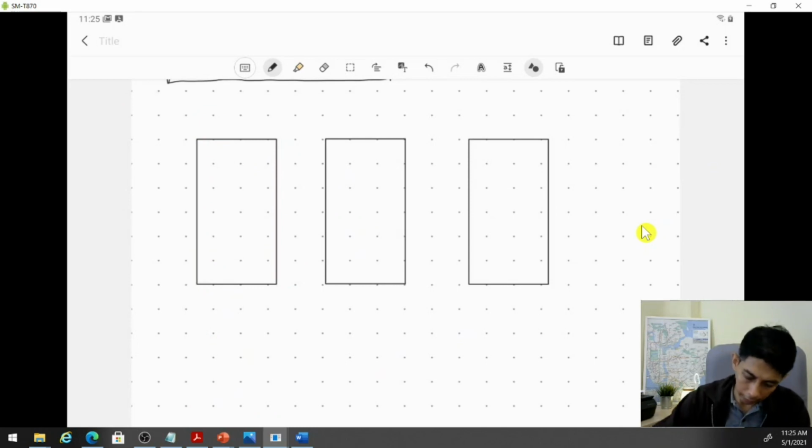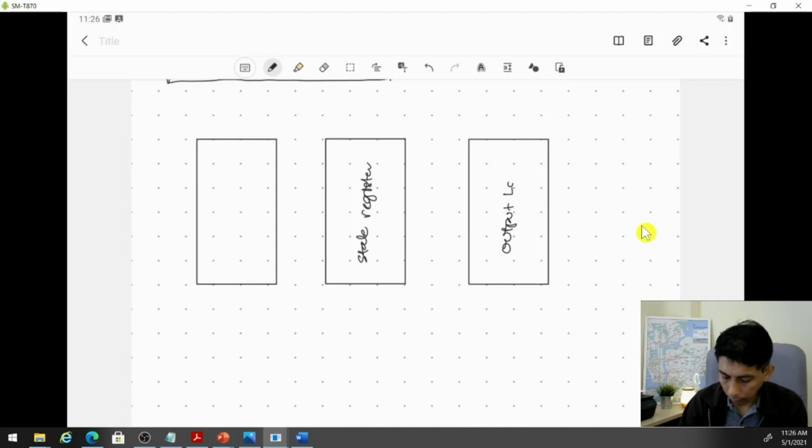So this is of course the state register. This is the output logic that will generate the control sequence actually, which is this control vector.